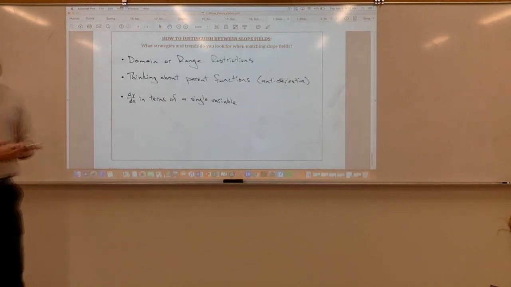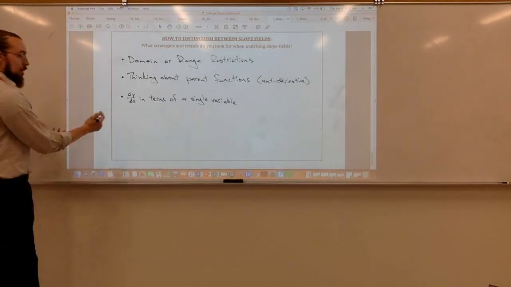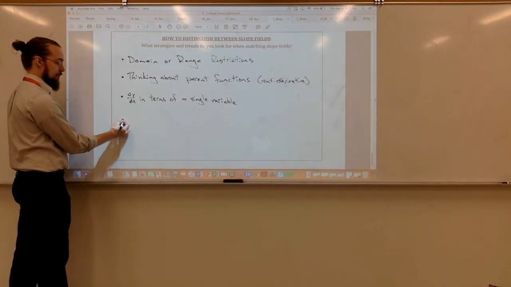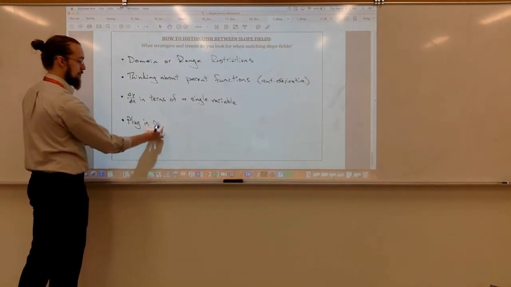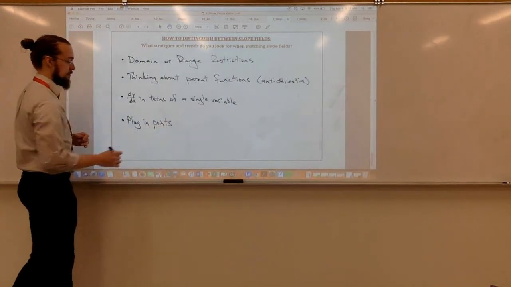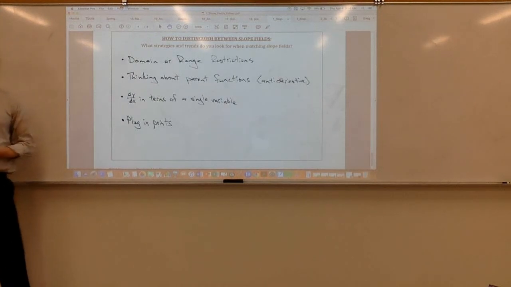If it's just in terms of y, if I look horizontally, all the slopes would be the same at a single y value. And then, finally, just plug in some points. Okay, and you don't have to do these in any order. If you just want to go straight to plugging in points to determine a slope field, that's fine. You can just start plugging in points and see what matches up.